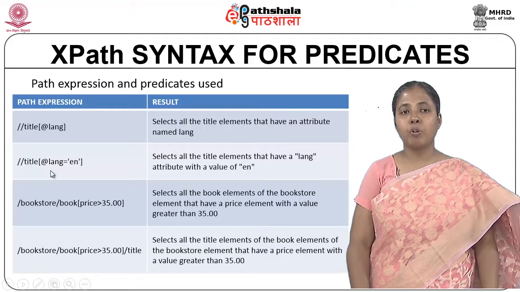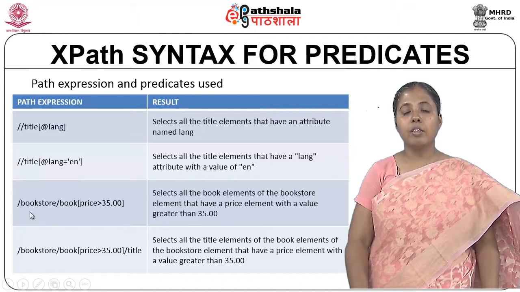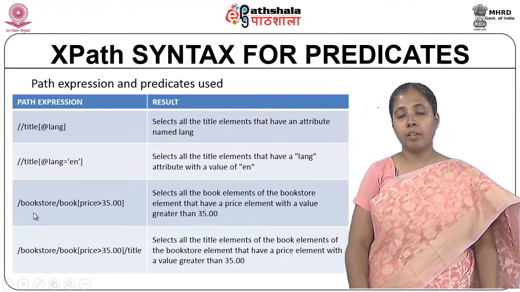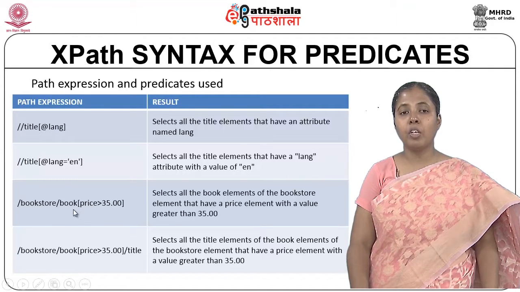The next path expression is all the title elements, but the lang attribute should have a value of en. And this example gives a path expression that selects all the book elements under the bookstore, but the price should be greater than 35. So it selects all the book elements of the bookstore element that have a price more than 35.